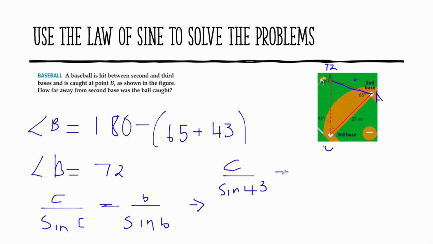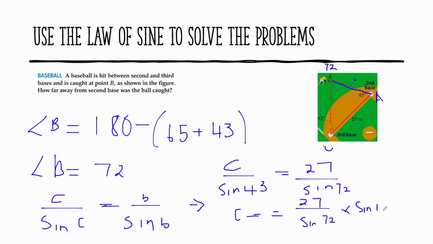This is equal to our b, 27, divided by sine 72. So our c will be given by 27 sine 72 multiplied by sine 43. Okay, I don't know why I put equal 2 times there.